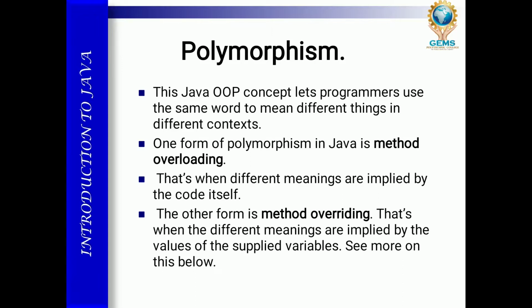What does it mean, sir? The same word meaning different things in different contexts means, take duck as an example. The word duck we are using in multiple contexts. The word duck is normally used by people for one kind of bird. All of you know about ducks.